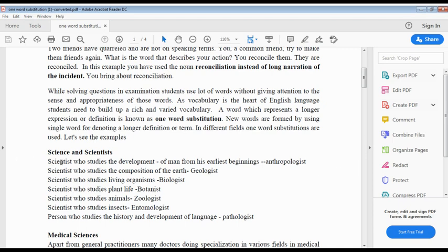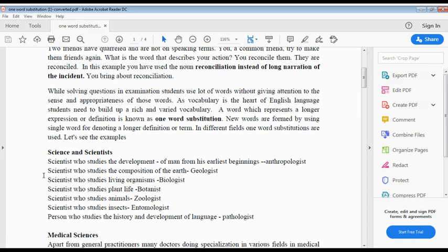For this longer expression, the one word substitution is anthropologist. Every time you want to say this, you are not going to utter the whole long expression, but you are just going to say anthropologist. Same applies to other examples, as you can see on your screen.